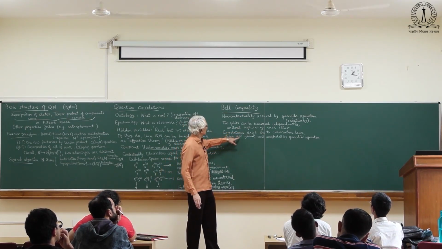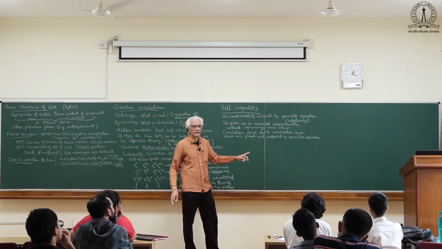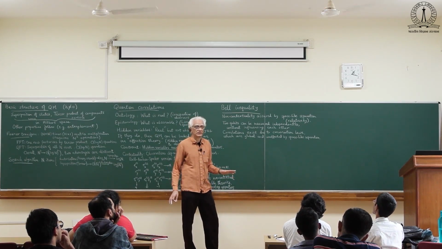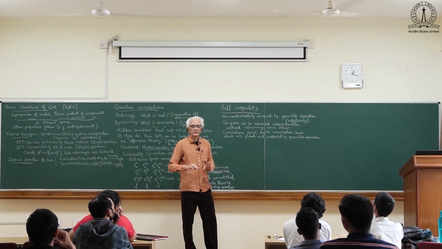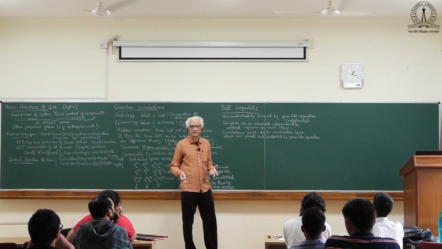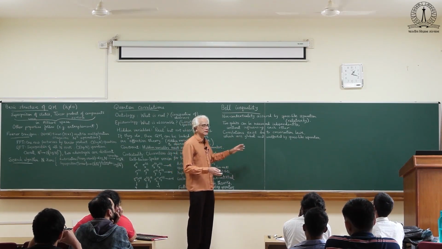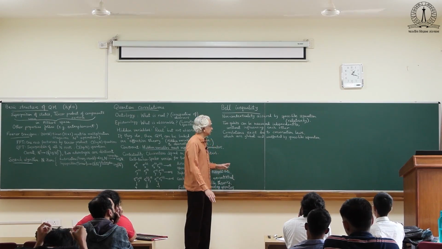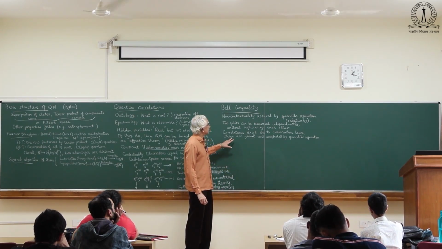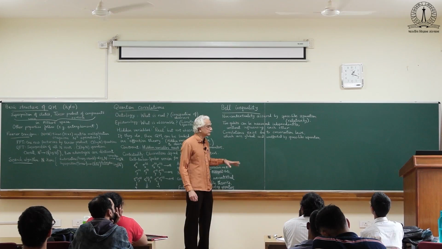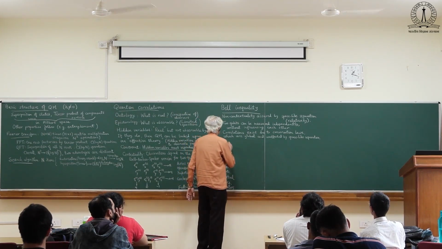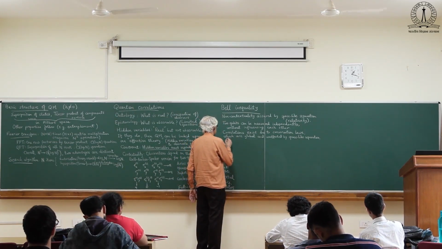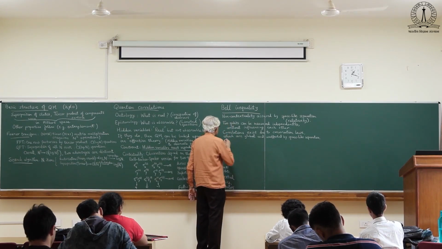So that is not the correlation I want to look at. Those correlations always exist. I want to look at something beyond that, where the global conservation laws don't give me any prediction.